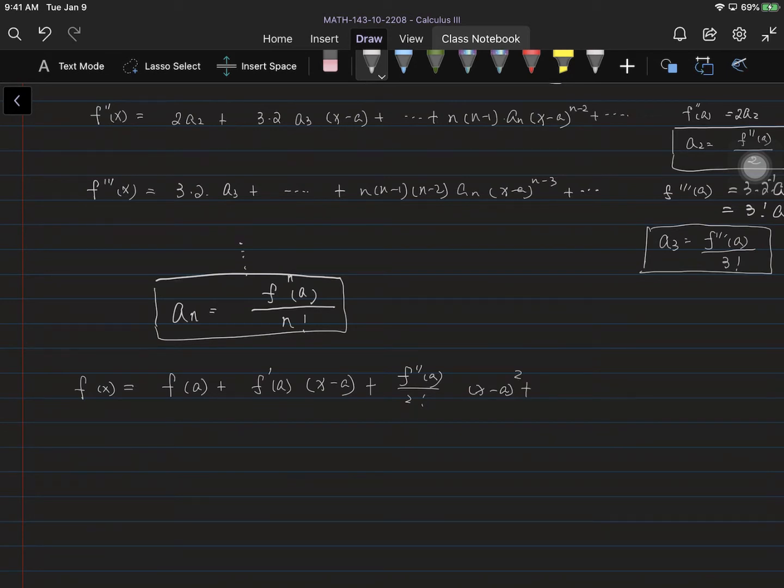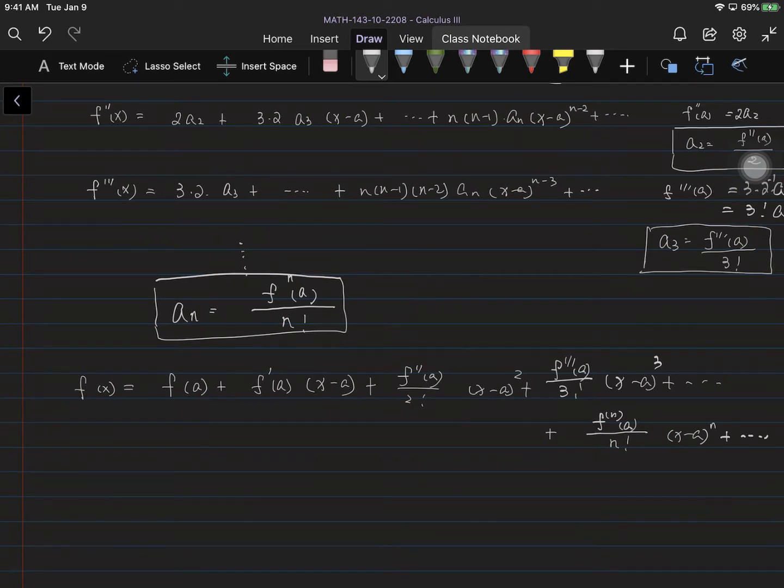And a3 is the third derivative at a over 3 factorial. And the n-th term is the n-th derivative at a over n factorial, times (x minus a) to the power n.